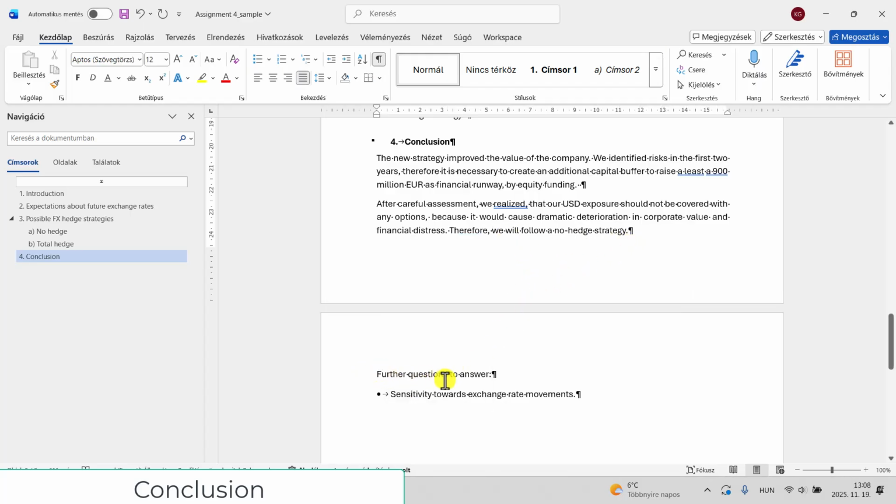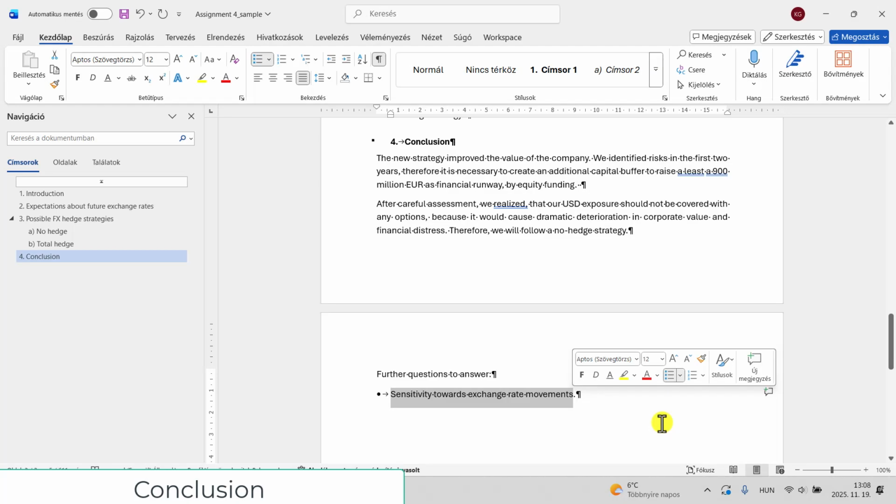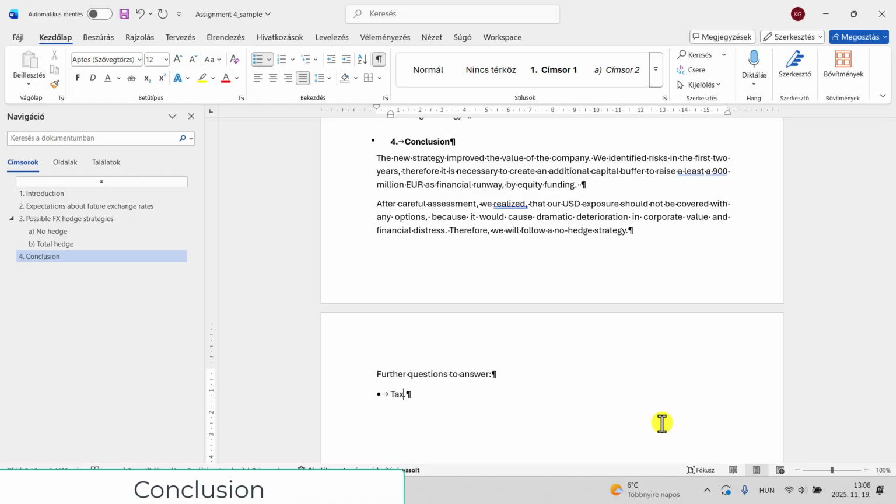That is good. Further on, questions to answer: sensitivity towards exchange rate movements. Okay, we did this one. So now we have only several things to answer. First of all, we should still explore taxation issues, tax optimization, and short-term funding.